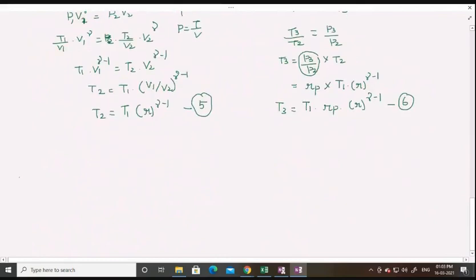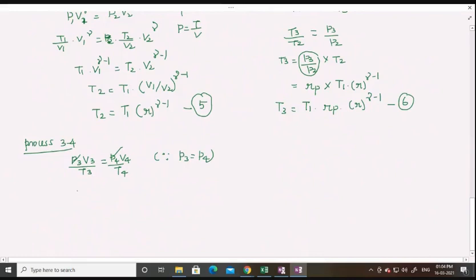Again, we need to form the relation for T4 and T5. So consider the process between 3 and 4. 3 and 4 is a constant pressure process. So again P3 V3 divided by T3 equal to P4 V4 divided by T4. Since it is a constant pressure process, P3 equal to P4, just cancel that term.